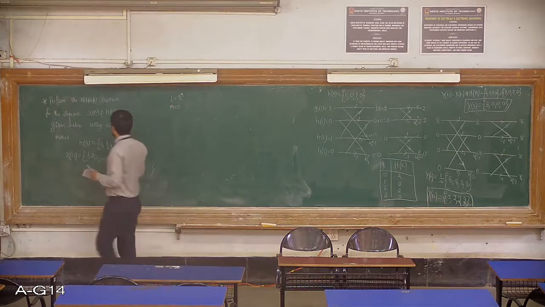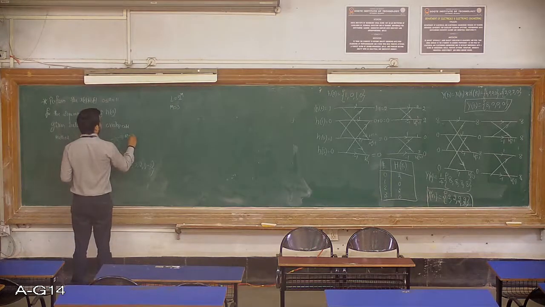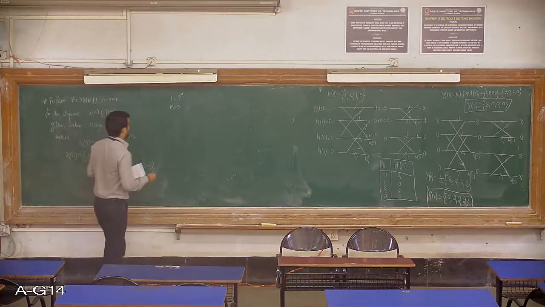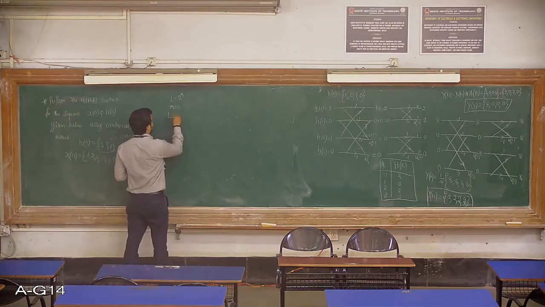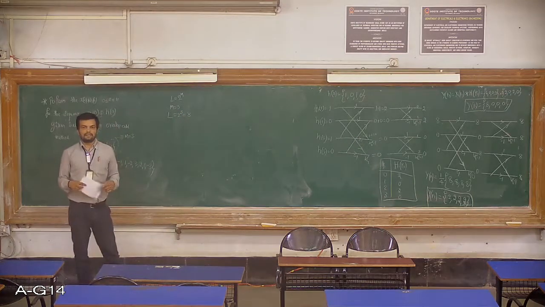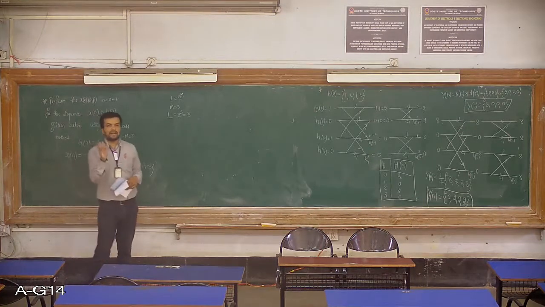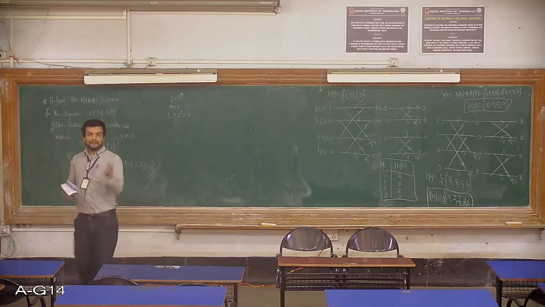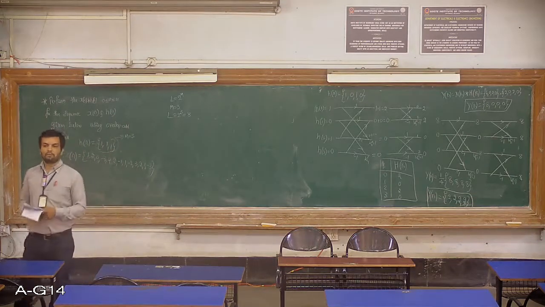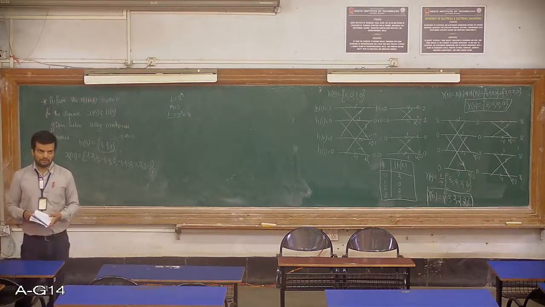So L is nothing but 2 raised to 3, we'll get 8. L is equal to 8. So we have to use total 8 values while performing the overlap add method. So at a time we have to use 8 values, right?